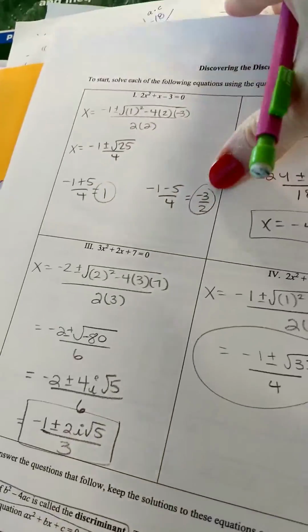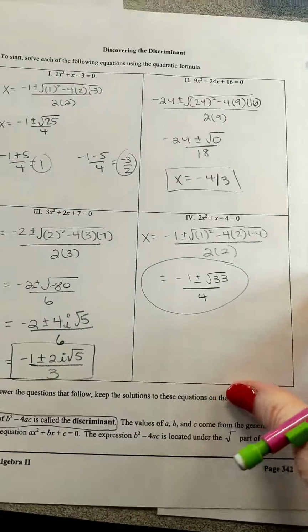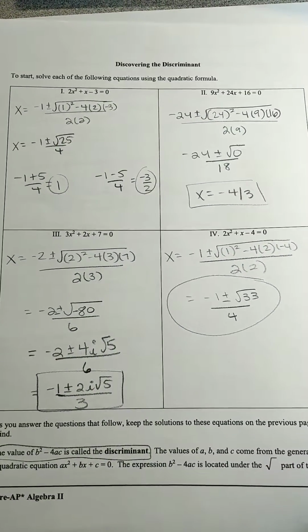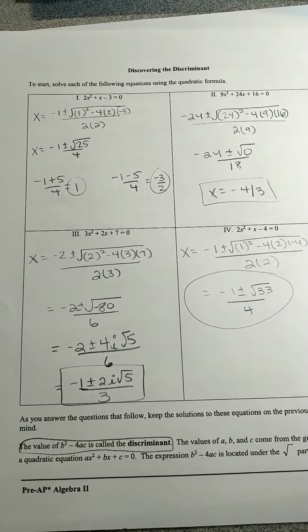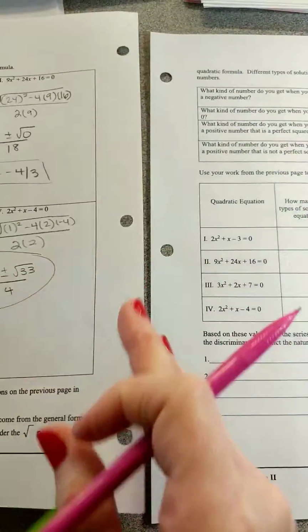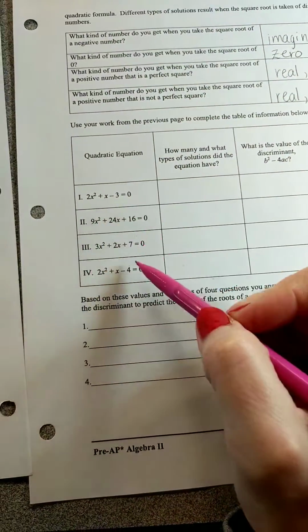Okay. So now go back to this page for just a second. See this page? 342. You've got 1, 2, 3, and 4. It's the same one.